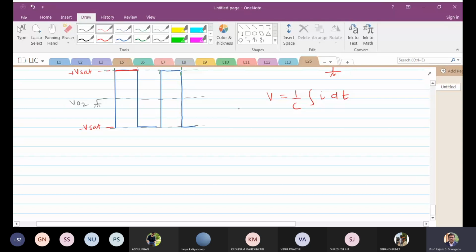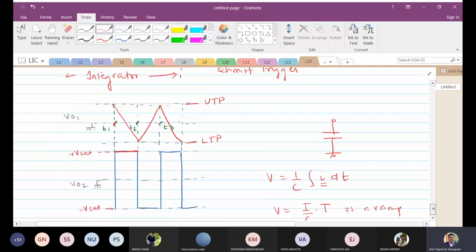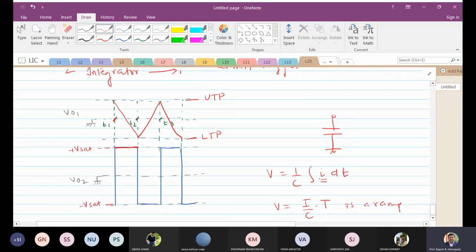So if I make this I constant, what will happen? Voltage will be I by C into T, which is a ramp, isn't it? Which is a ramp.